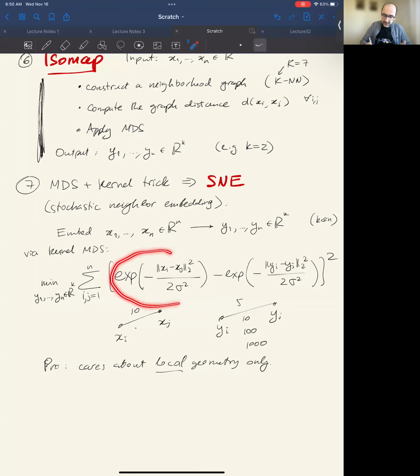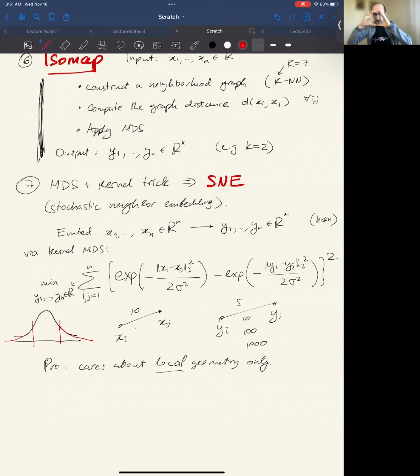Basically, you can think of this as a smooth cutoff of a neighborhood. The exponential function like this, right? It only cares about what happens here, and then it kind of goes to 0 pretty fast. Then it doesn't really matter. So it tries to mimic what happens within each little neighborhood. And it really doesn't matter what happens elsewhere.